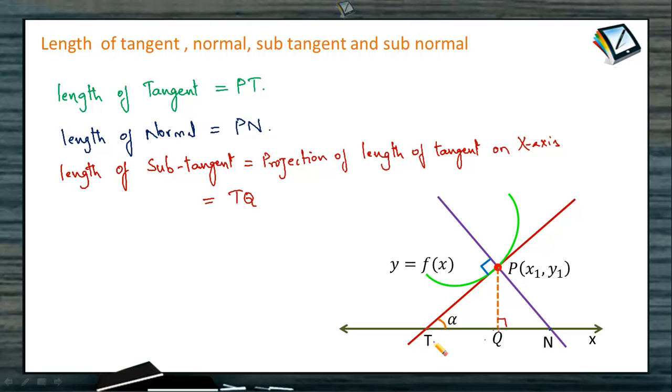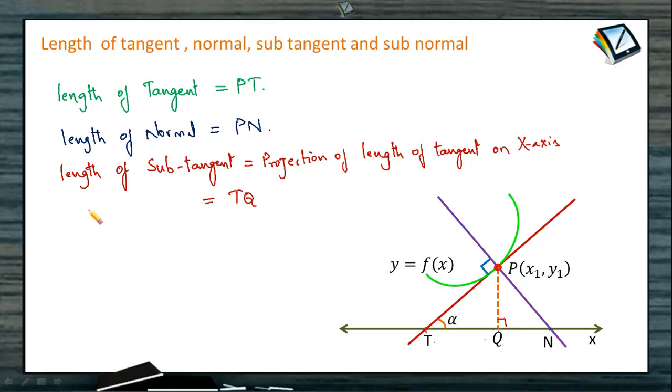Then the distance TQ, which is geometrically the projection of PT on the x-axis, is called the subtangent. So the subtangent is the length of the projection of the tangent on the x-axis, and from the diagram it is the length of the segment TQ.